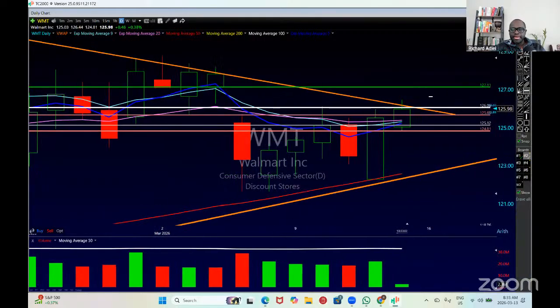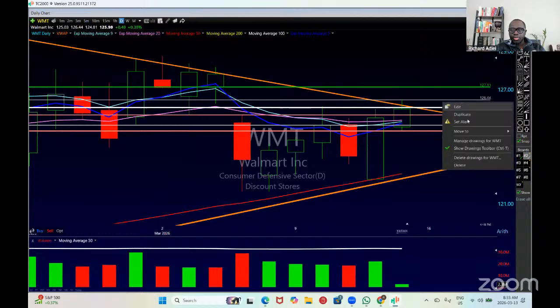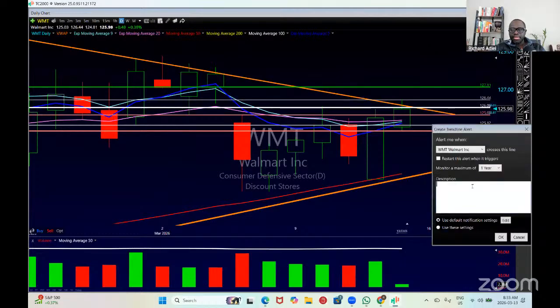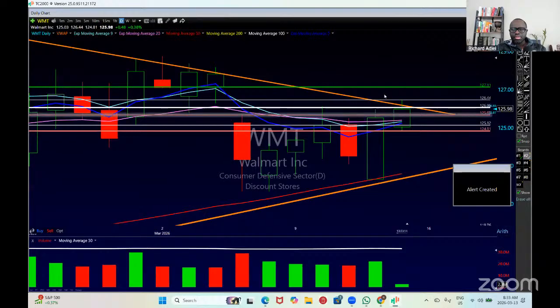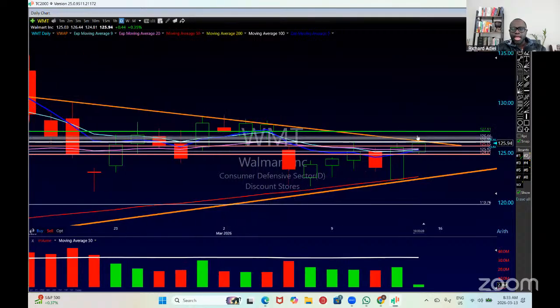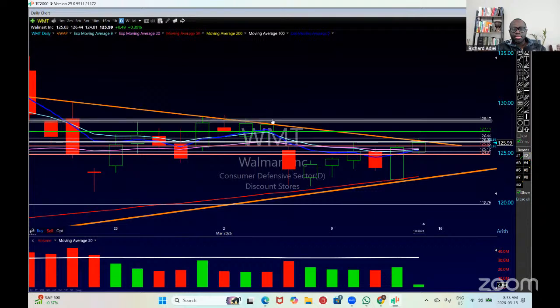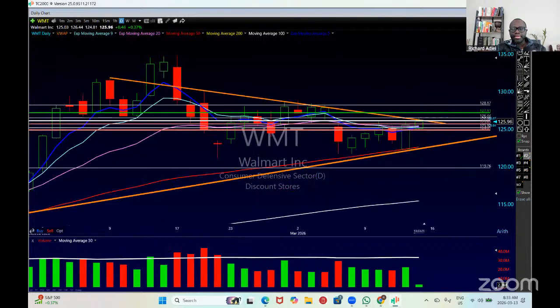I'll set an alert here. Once this clears this area, at least I need initial notification. Okay, let me do 127. 127 is not bad. That means it's confirmed, right? If we can get 127 today, I'm going to get alerted and I will add to the position, then ride it to this area. Then here, profit target.